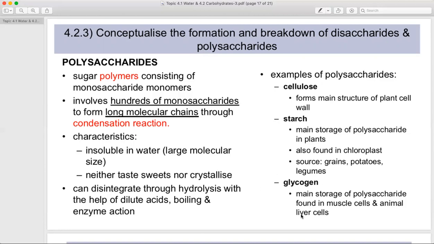Okay. Contohnya kita boleh jumpa glycogen ni dekat human, dekat muscle cell ataupun dekat kita punya liver. Itu adalah glycogen. Okay, starch pula adalah lebihan bagi produk fotosintesis pada tumbuhan. So dia akan simpan dalam bentuk contohnya adalah grain, potato, legume, semua tu adalah storage dalam bentuk starch pada tumbuhan.